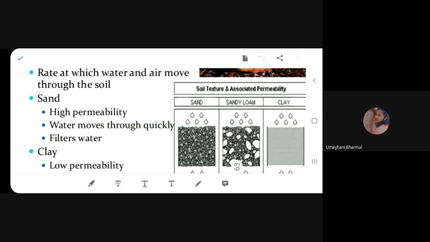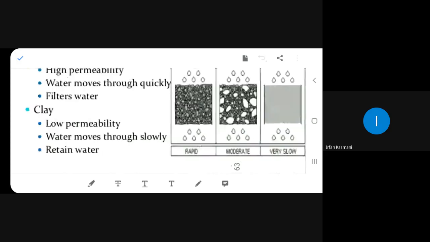Am I right, beta? Yes, ma'am. That it can pass through very easily? Yes, fine. And it filters water. So permeability is high.